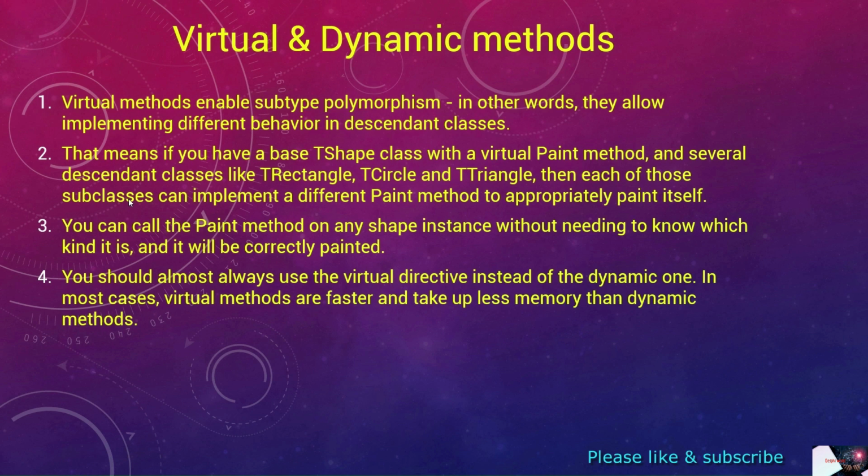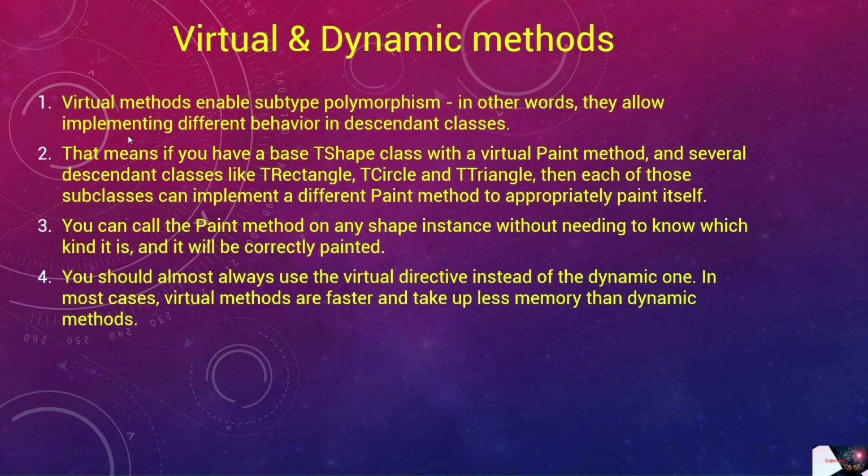So in the rectangle, the paint definition will be different. In circle, the paint definition will be separate. In triangle, the paint logic will be different because the triangle is painted in a different way. So you can call the paint method on any shape instance without needing to know which kind it is, and it will be correctly painted.